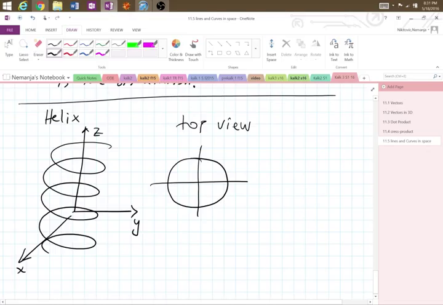Now helix can wrap around any axis or in between, doesn't matter. Z is shooting straight at you as you are looking at the paper for the top view.